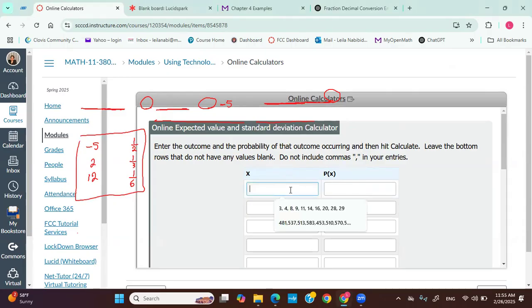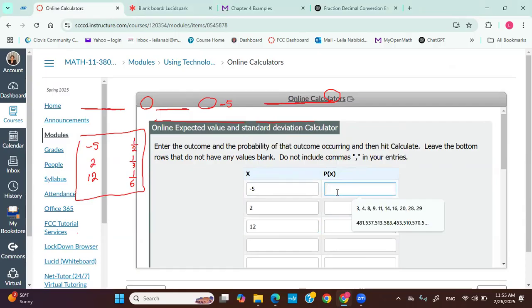For x, we have -5, 2, and 12. And the probability for -5 is 1/2. You may not be able to type fractions. You need to change them to decimals. But in this question, you can work manually.